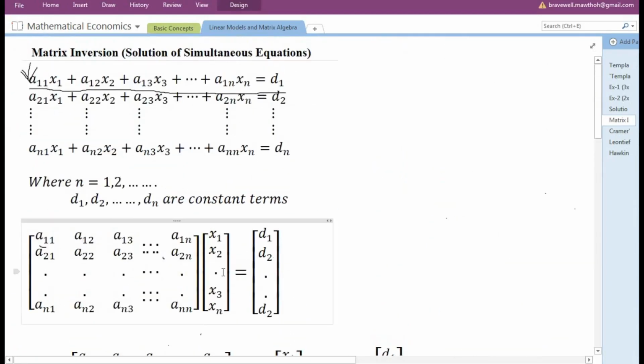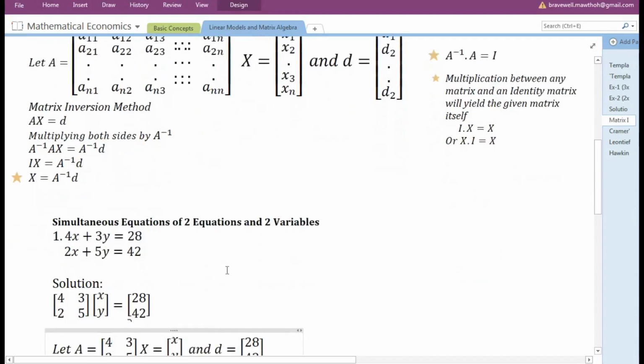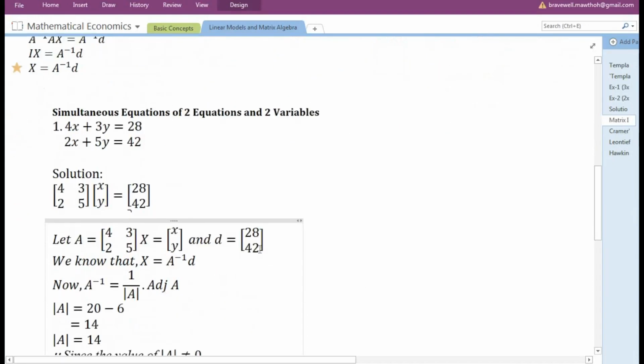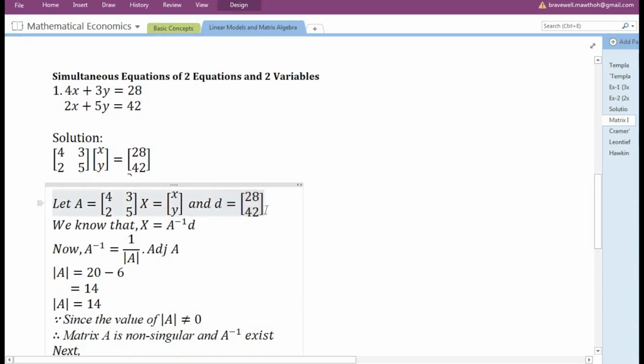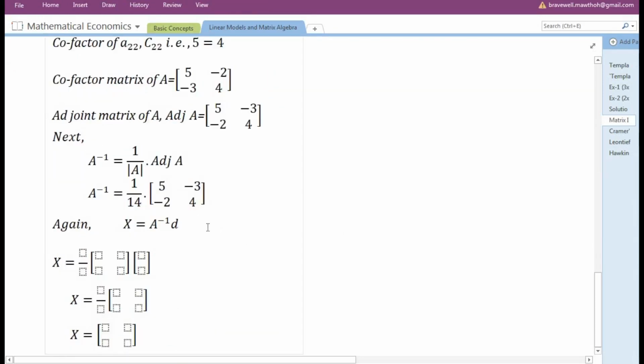D is the constant term vector, which is this one. Let us substitute A inverse and vector D in the matrix inversion formula.